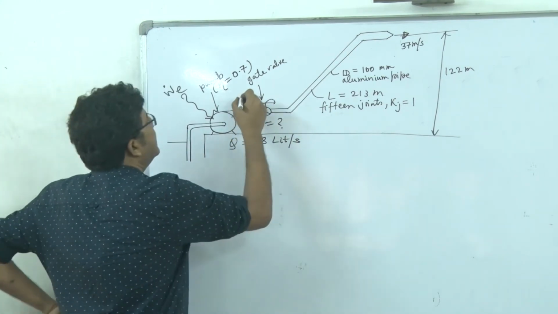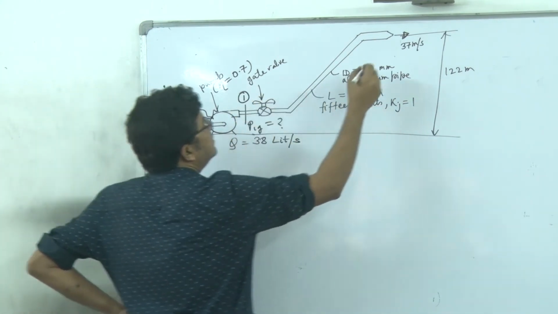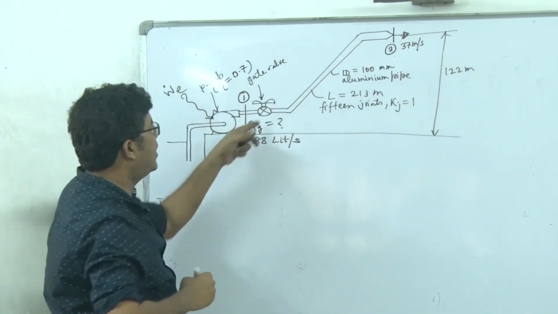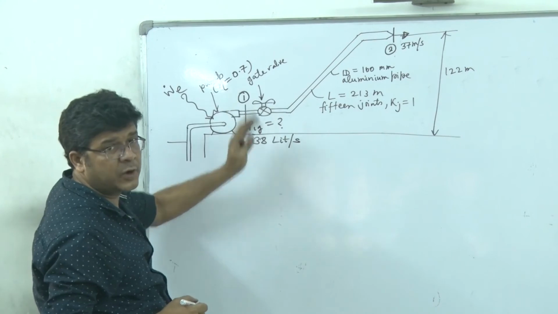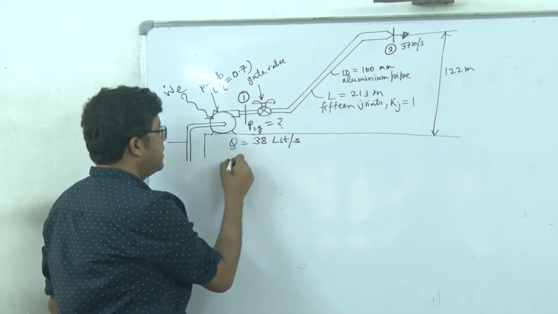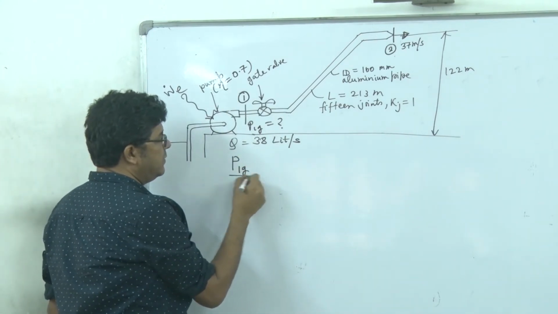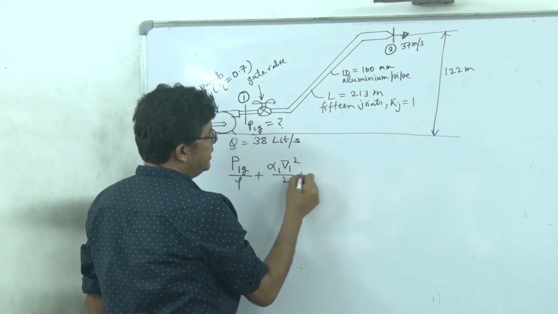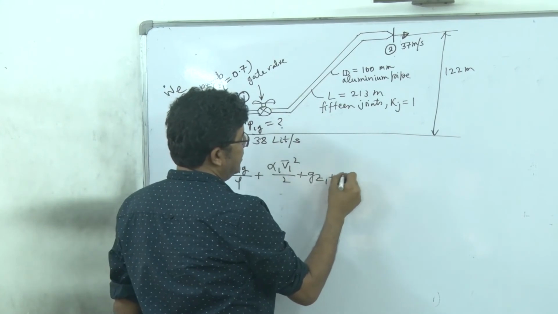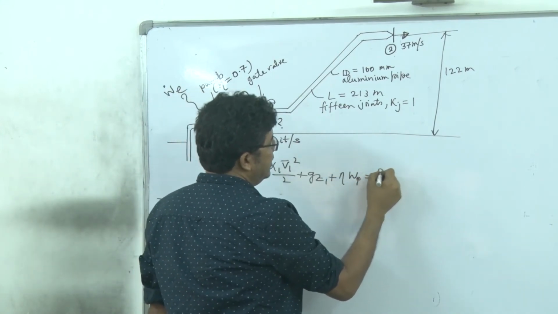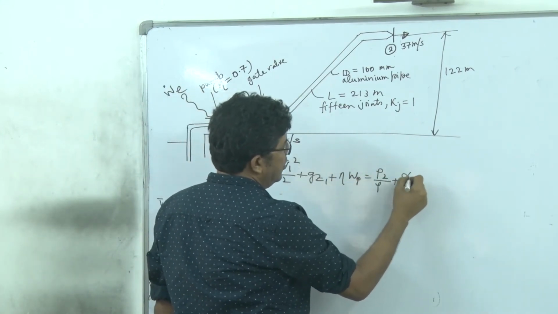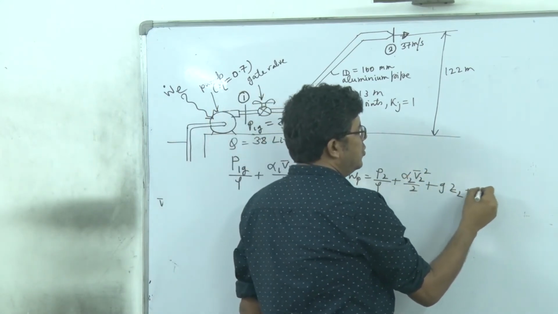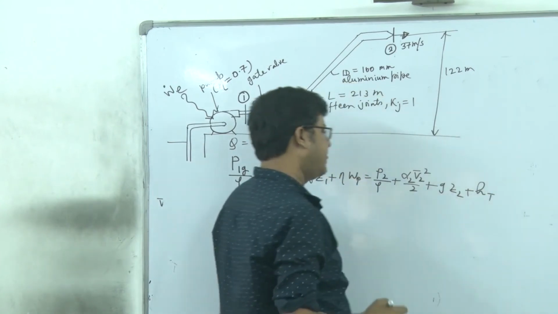So you see that we'll first consider points 1 and 2, because at this point we have to calculate the pressure. So we can write P1G divided by rho plus alpha 1 V1 bar square divided by 2, plus G Z1, plus eta WP is equal to P2 by rho plus alpha 2 V2 bar square by 2, plus G Z2, plus H total.